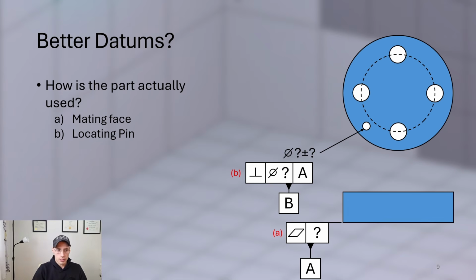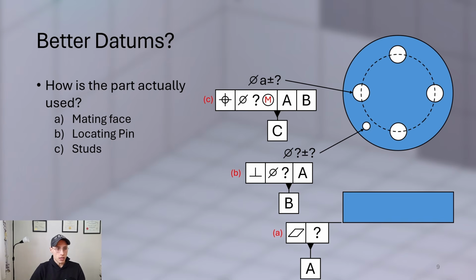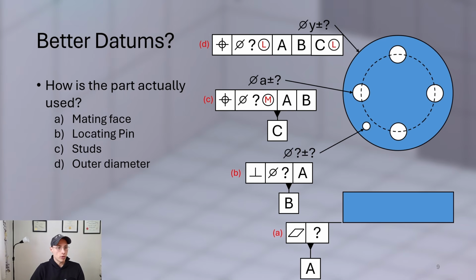So in their case, the locating pin, which is an interference fit, would be my selection for datum feature B, as it would control most tightly the movement sliding around on top of datum feature A. And then finally, the clearance studs would lock in that final degree of rotation. And then I would locate the outer diameter, possibly with an LMC control, to that datum scheme.